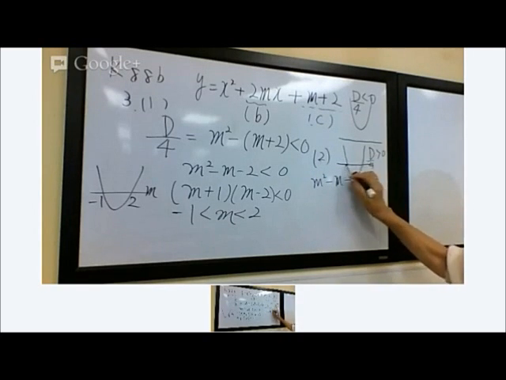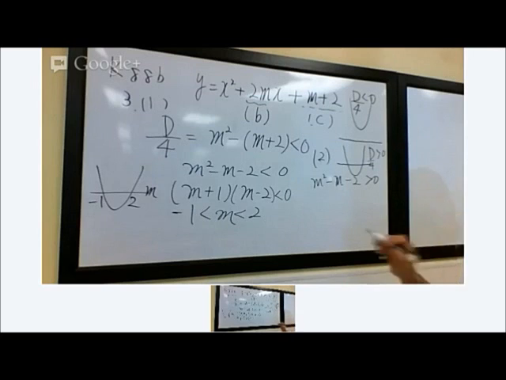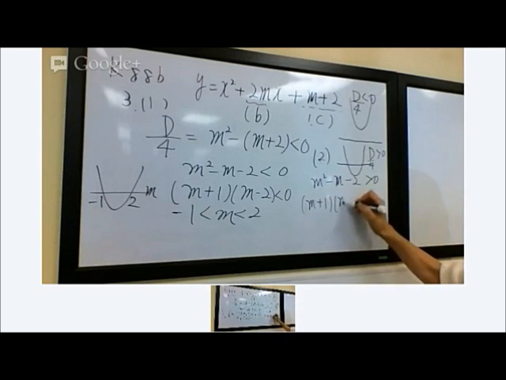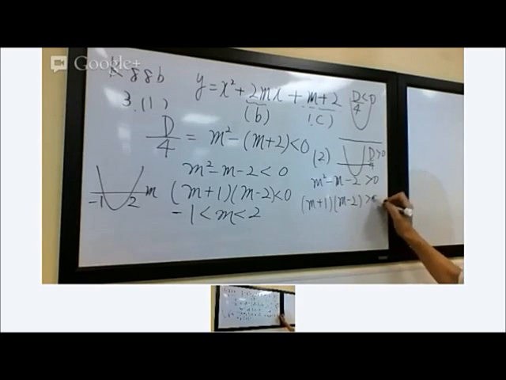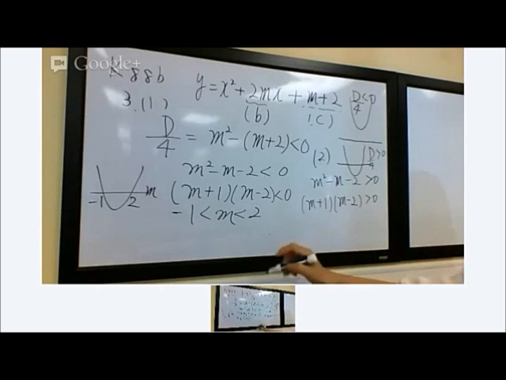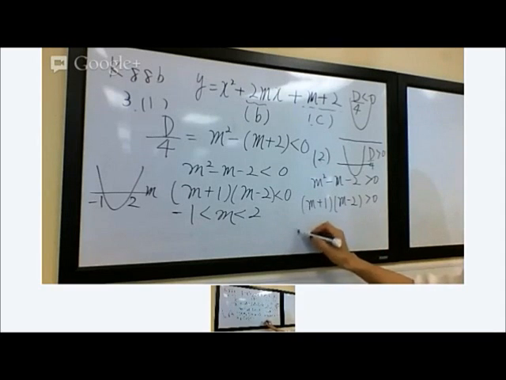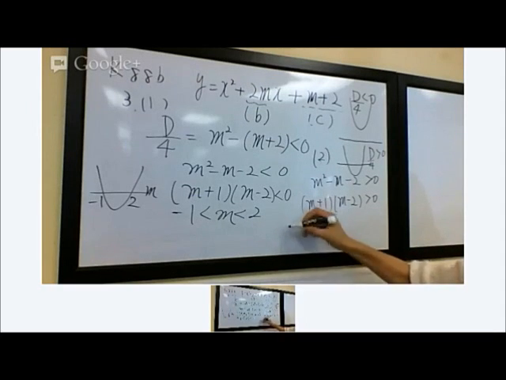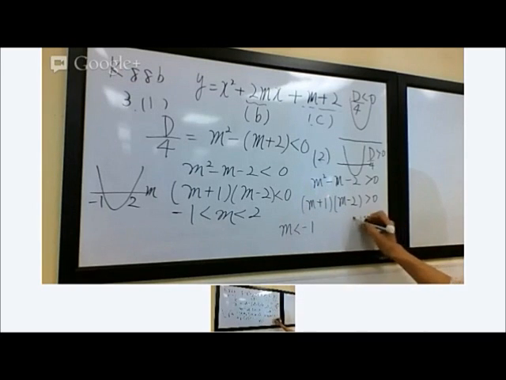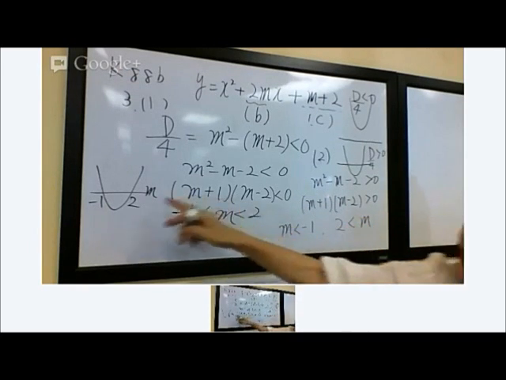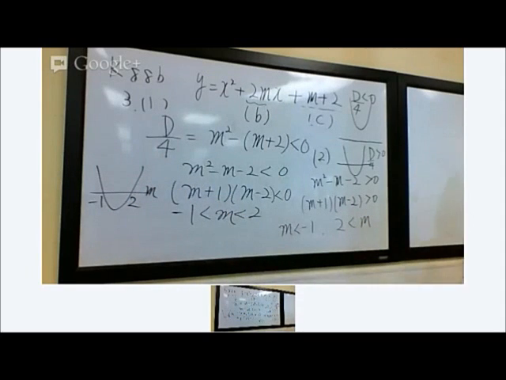Two solutions, different points. So M is less than -1 or M is greater than 2.